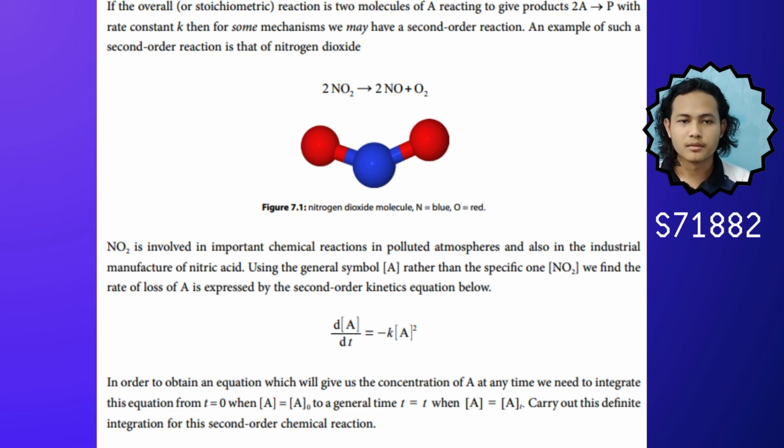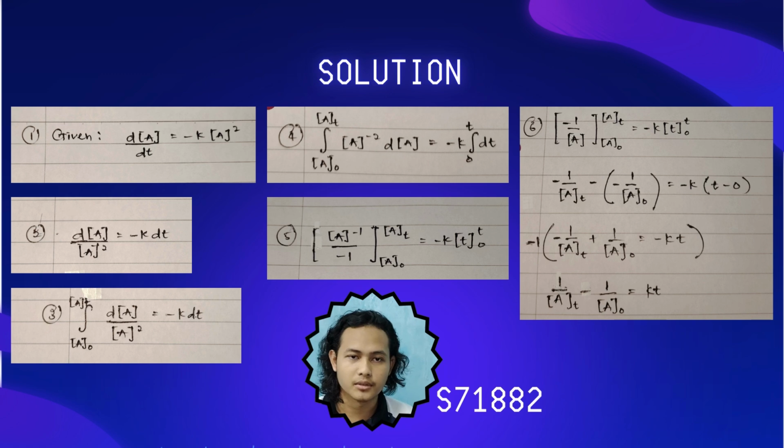We need to obtain the equation which will give us the concentration of A, from t equals 0 when A equals A0 to a general time t equals t when A equals At. So the solution we get for this question is to write down dA/dt equals negative kA^2, and then we switch the position of A^2 and dt: A^2 to the left and dt to the right.